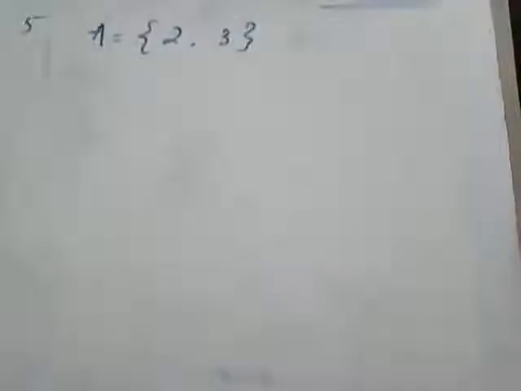Question number 5: set A is written as 2, 3, two elements.